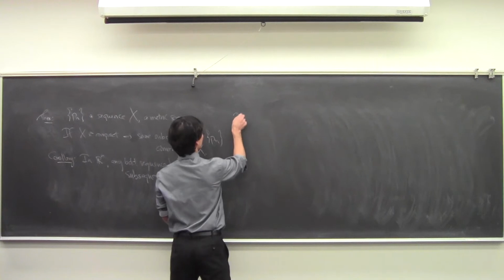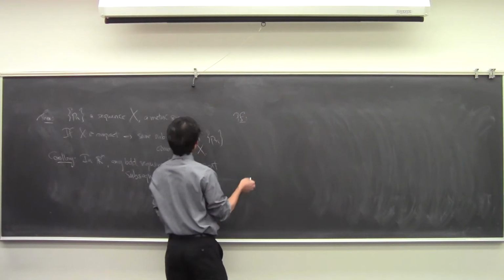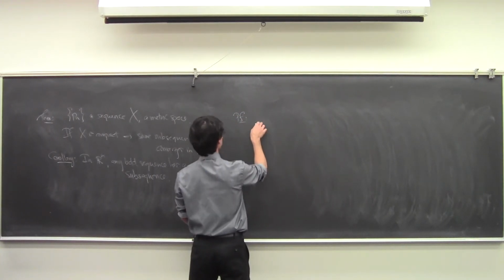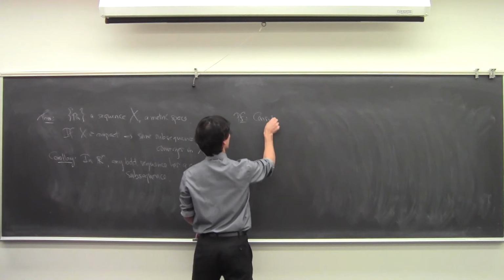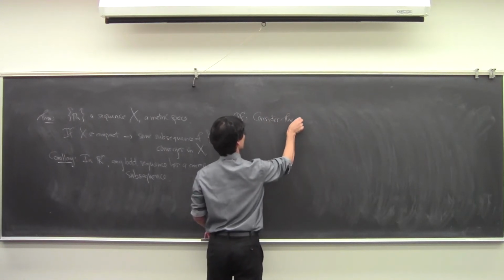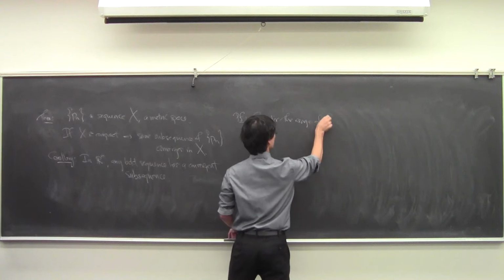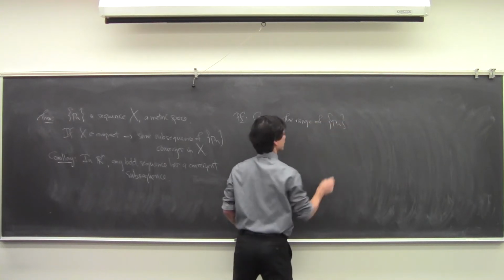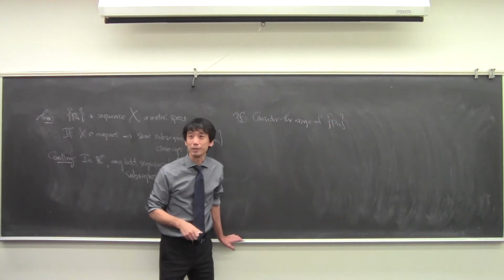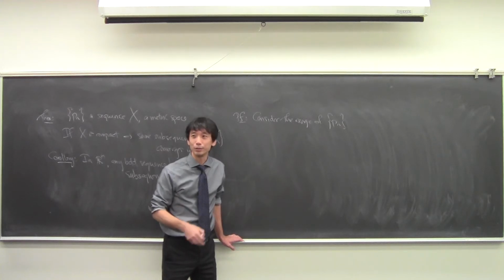Okay, so you can split it up into two possibilities. Consider the range of p sub n. You think of p sub n as a function on the natural numbers.